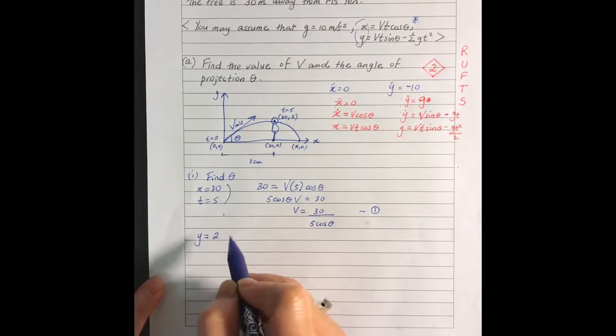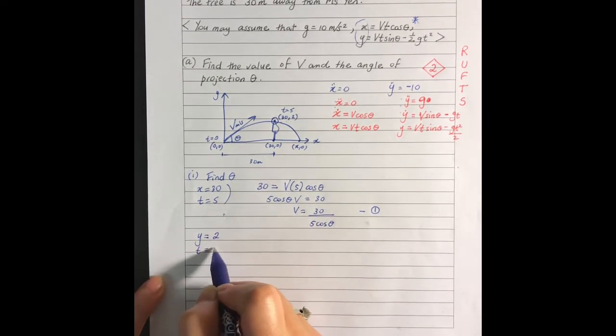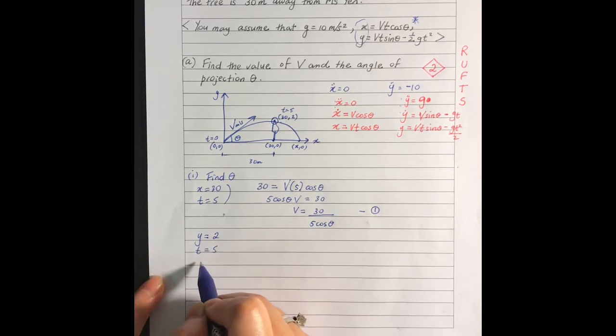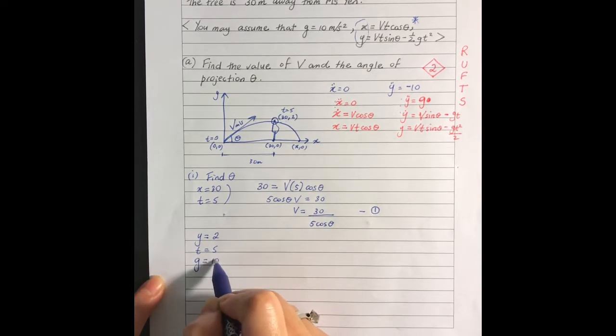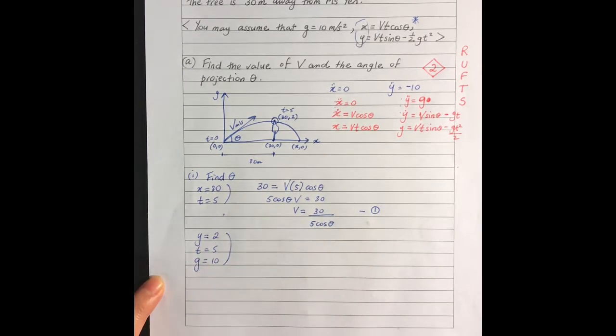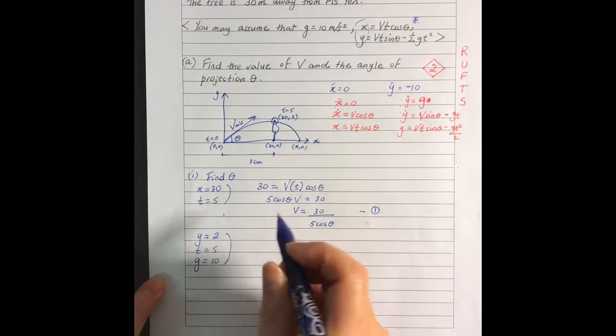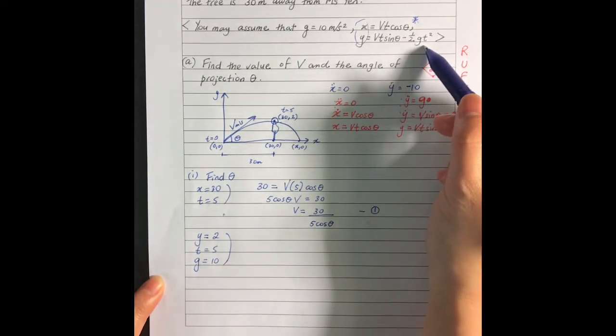Next one, y is 2 there, t is 5, same, but here, because of the vertical component, I have gravity to think about. So those are 3 things. And of course I'm going to use the y formula right there.